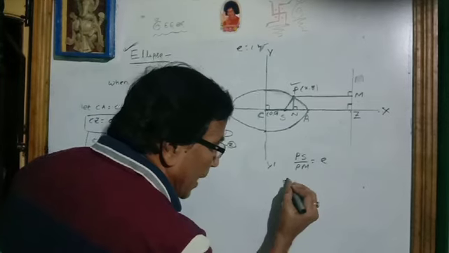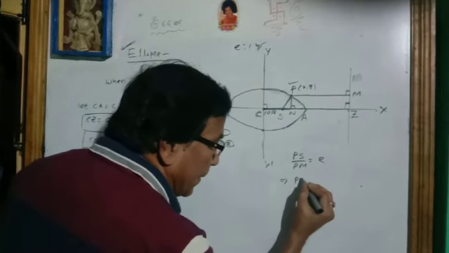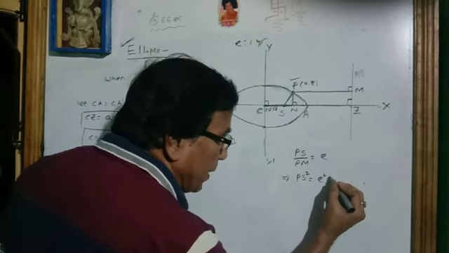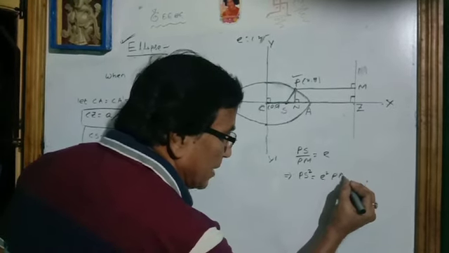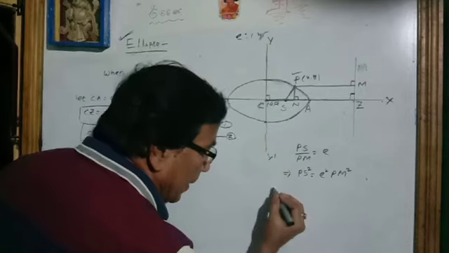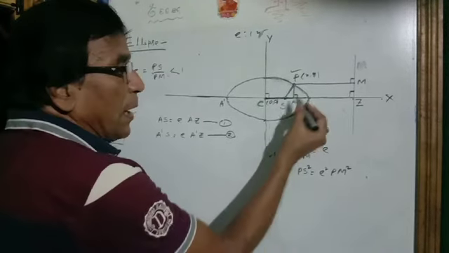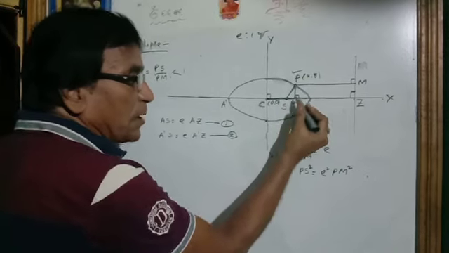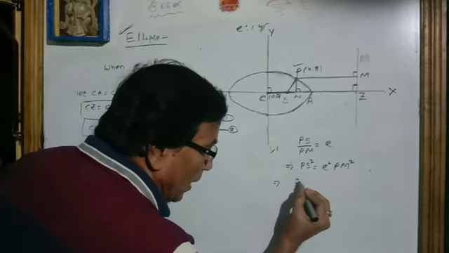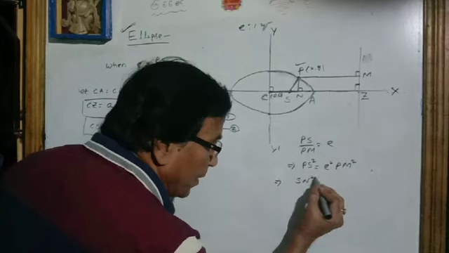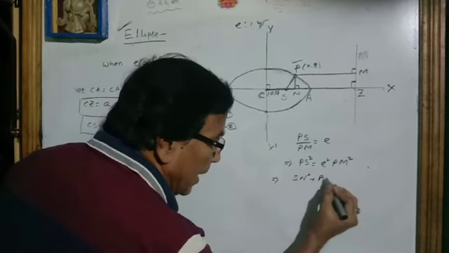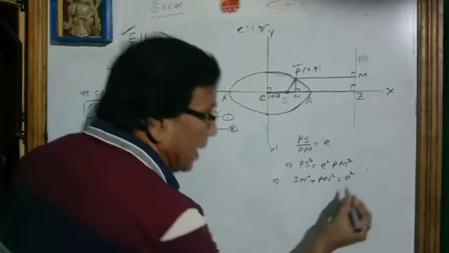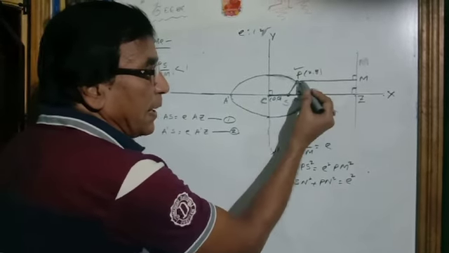So from here we are getting that PS square is equal to E square PM square. What is PS square? PS square is equal to SN square plus PN square, which is equal to E square into PM square.